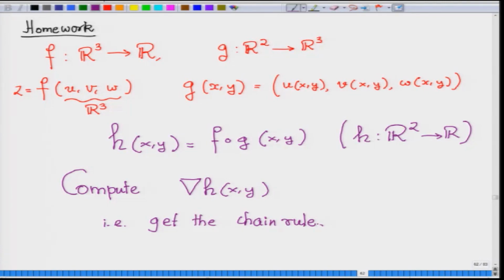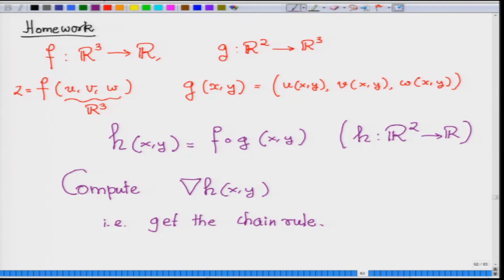I can make the problem a little harder by writing f from R3 to R and g from R3 to R3.